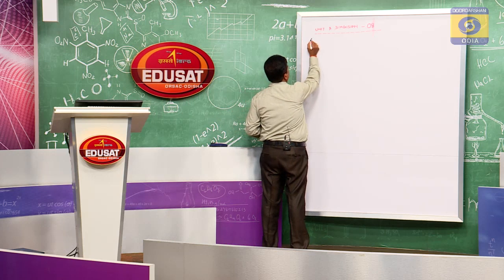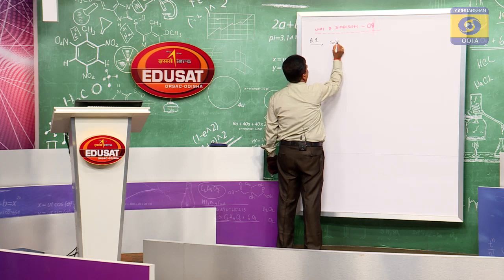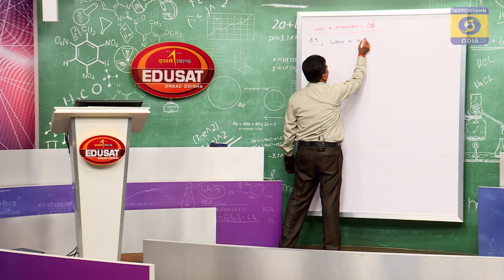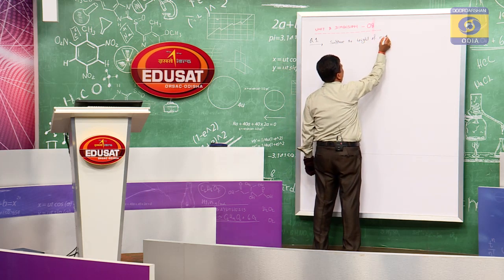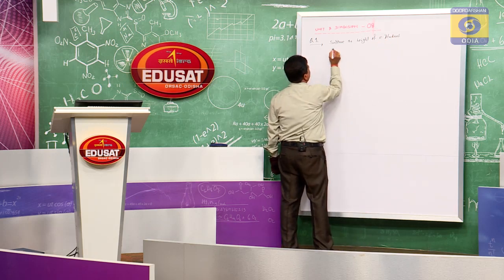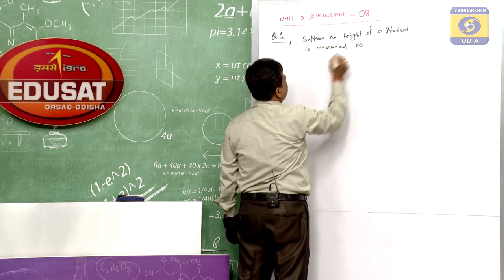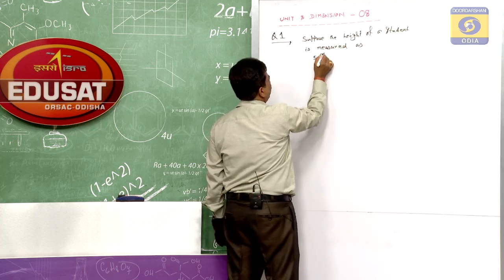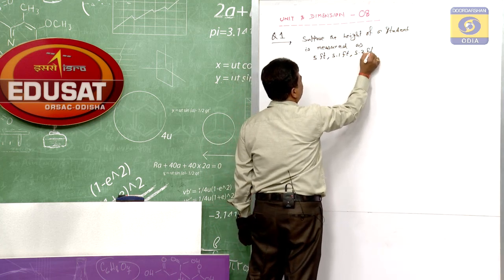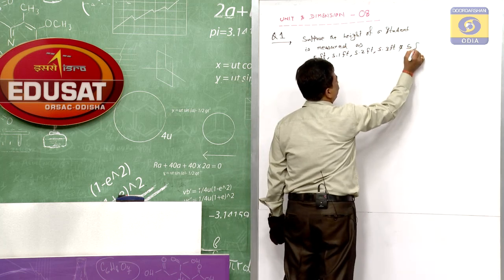The question is: suppose the height of a student is measured as 5 feet, 5.1 feet, 5.2 feet, 5.3 feet, and 5 feet.